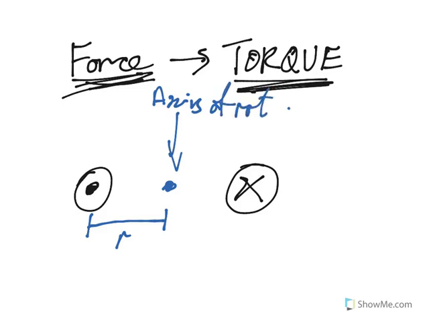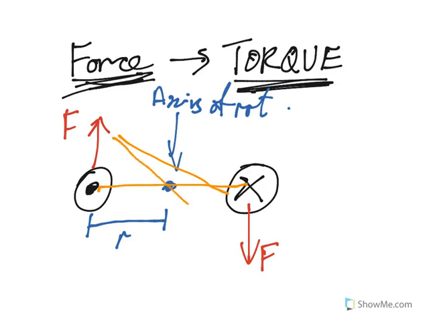And let's say, for example, the field that it's in causes a force up here and a force on the other side of the wire down that way. So what's going to happen is that this coil is going to rotate.